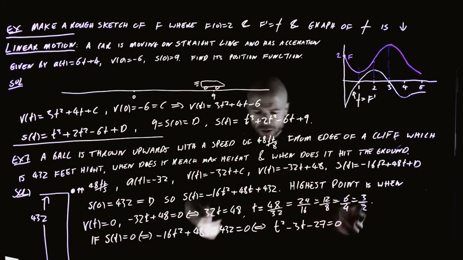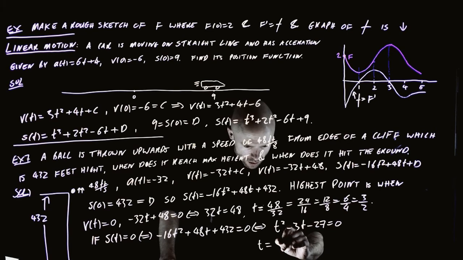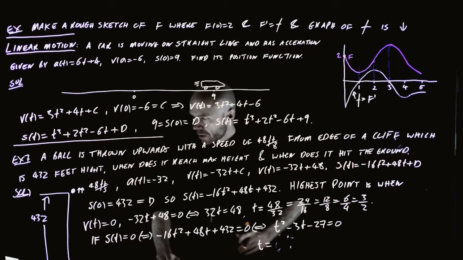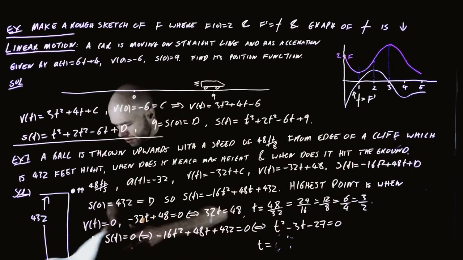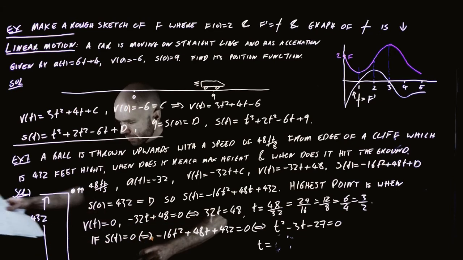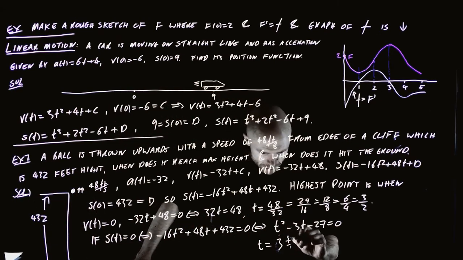And if we put it in the quadratic formula, we find that t is equal to plus or minus 3. No, that's wrong. Let me do that properly. It's equal to 3 plus or minus 3 square root of 13 over 2.